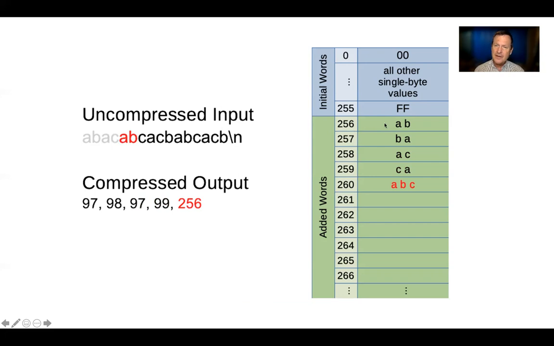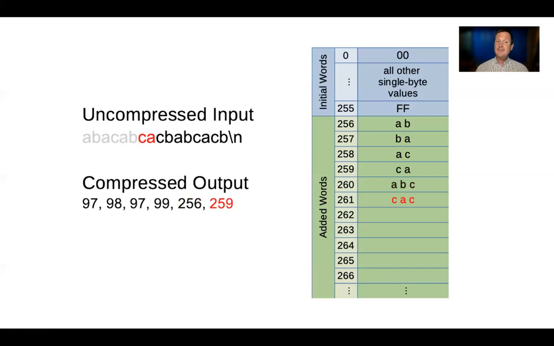AB is on line 256 of our dictionary. So you write out the code 256 in binary. That covers the word AB, those 2 bytes. And even here, we'll add ABC to our dictionary, because AB was the longest word we had a code for, but maybe we're going to see ABC again. So we go ahead and add that.